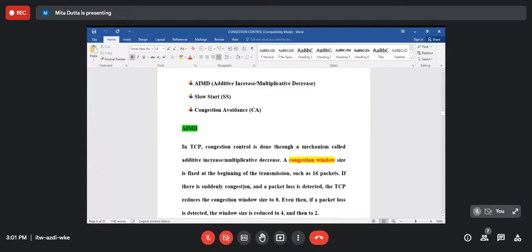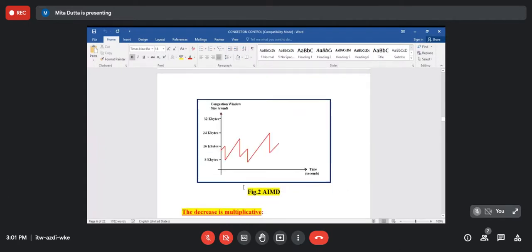Now in AIMD, suppose the congestion window is being set here; this is the congestion window size. When there is no congestion, it is linear: the congestion window will increase linearly.